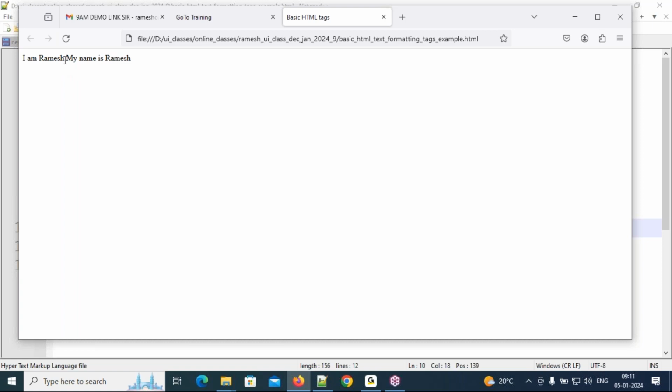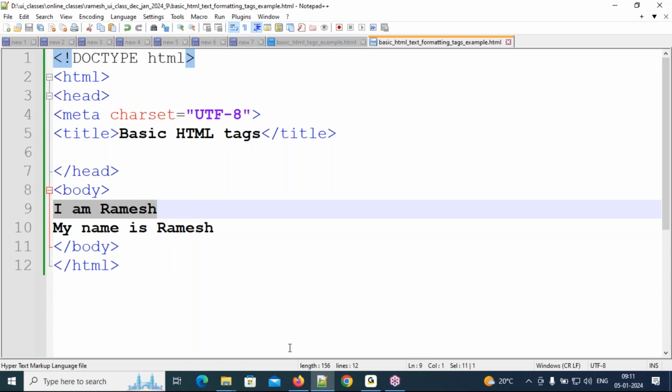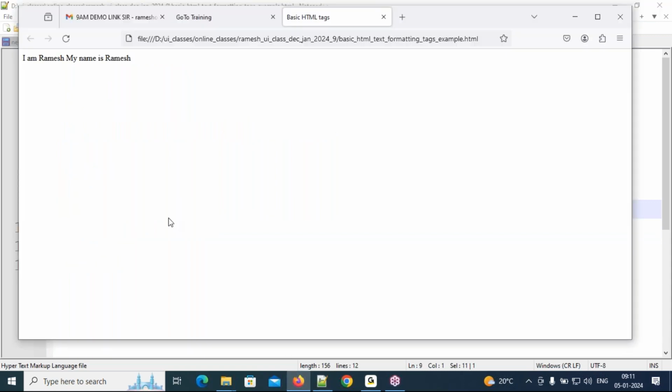Side by side to the I am Ramesh. That means we can understand: we are writing My name is Ramesh on the next line, the 10th line, and I am Ramesh on the 9th line. But whenever you execute in the browser, they come side by side. Automatically the browser will keep the entire text in a single line if you don't specify any instructions. Clear or not? Respond, everybody.